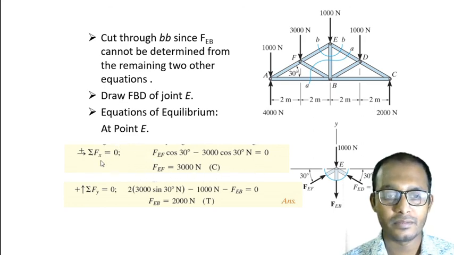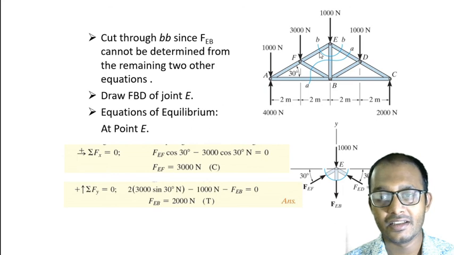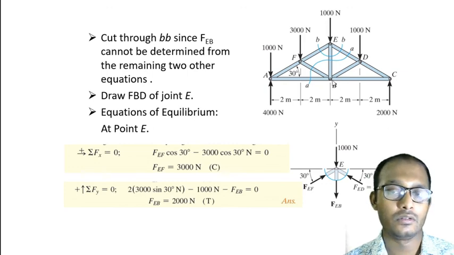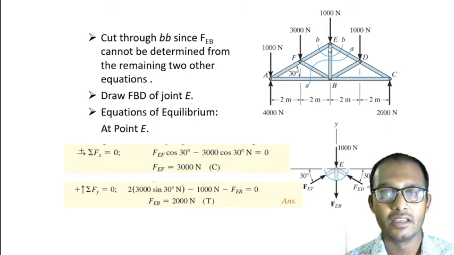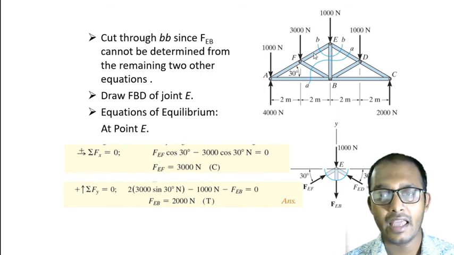Let's just do this. I think it's pretty simple and straightforward. There is no complexity in the x direction. If you resolve this one in the x direction, this member is completely in a vertical position, so it doesn't have any component in the x direction. For FEF, the angle is given as 30 degrees, so this angle will also be 30 degrees.